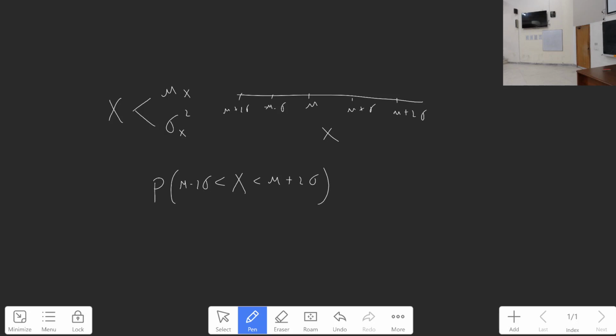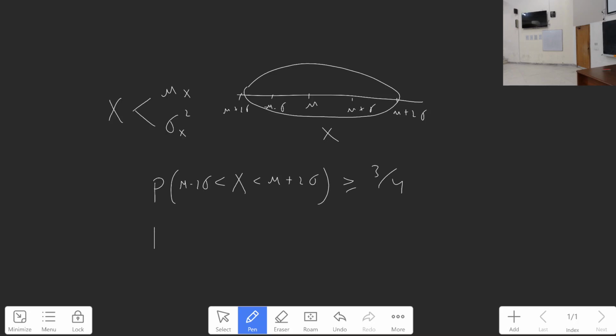That is, it falls within two standard deviations, not outside. And Chebyshev's theorem says that this will be at least 3 by 4.